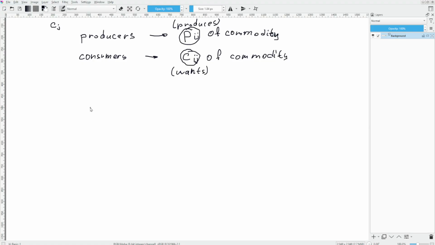So we have, for example, producer i. It consumes, well, for example, a certain vector of goods, right? It consumes commodity E, let's say, it consumes a certain vector of commodities.